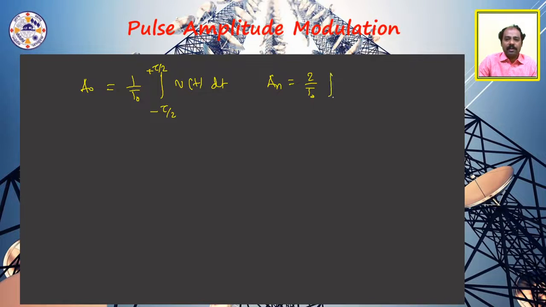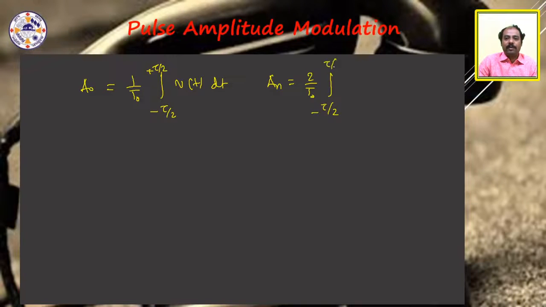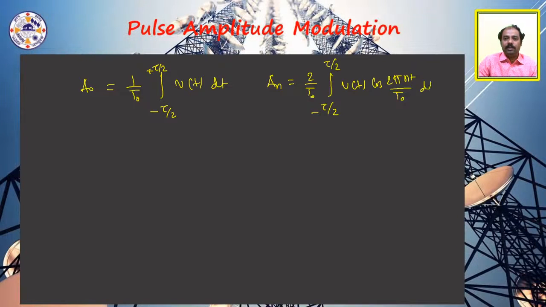You just replace the functions in terms of the time scale. Okay, minus tau by 2 to plus tau by 2 of v function of t cos 2 pi nt by t0 into dt. Fine. This expression is in the time scale.